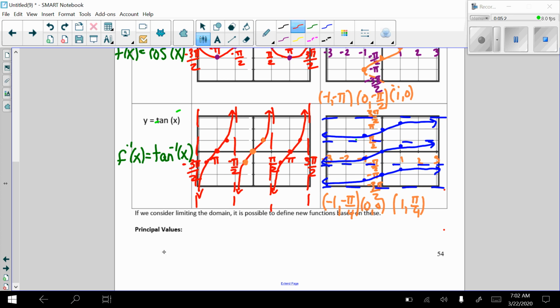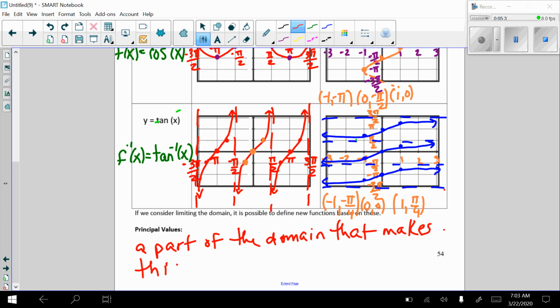And the principal values are a part of the domain that makes the inverse a function and not just a relation. Because right now they're just relations. They're sets of points, but they don't pass the vertical line test.